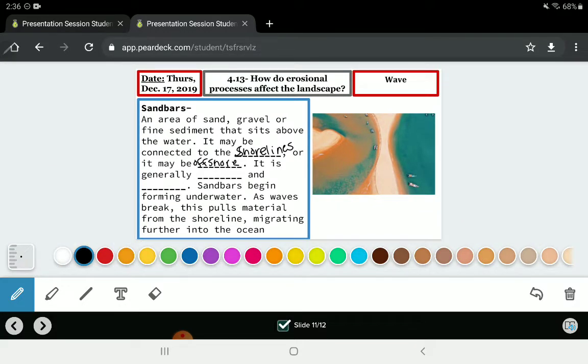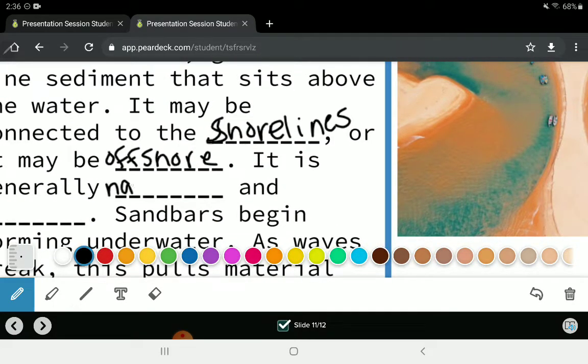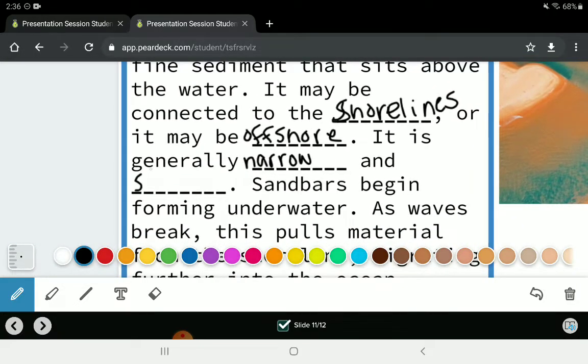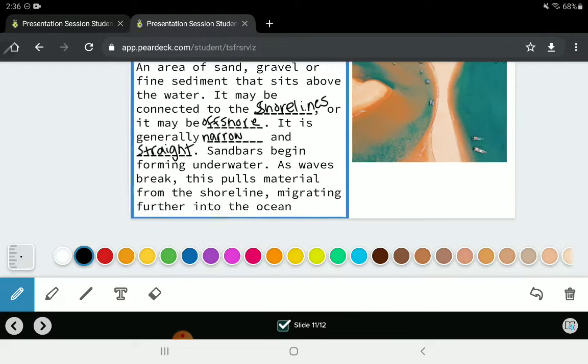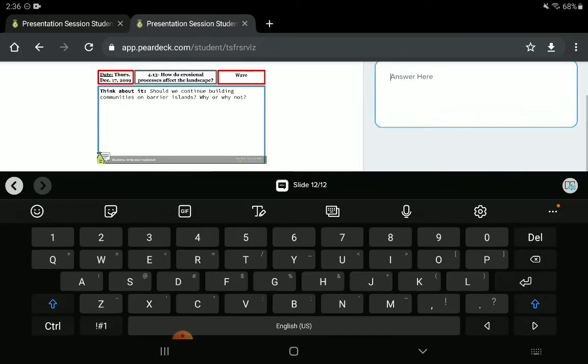It is generally narrow and straight. Sandbars begin forming underwater. As waves break, this pulls material from the shoreline, migrating farther into the ocean.